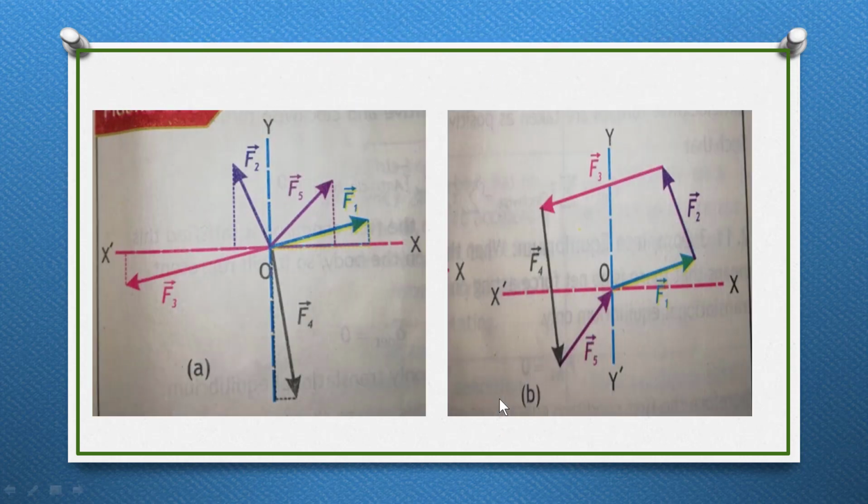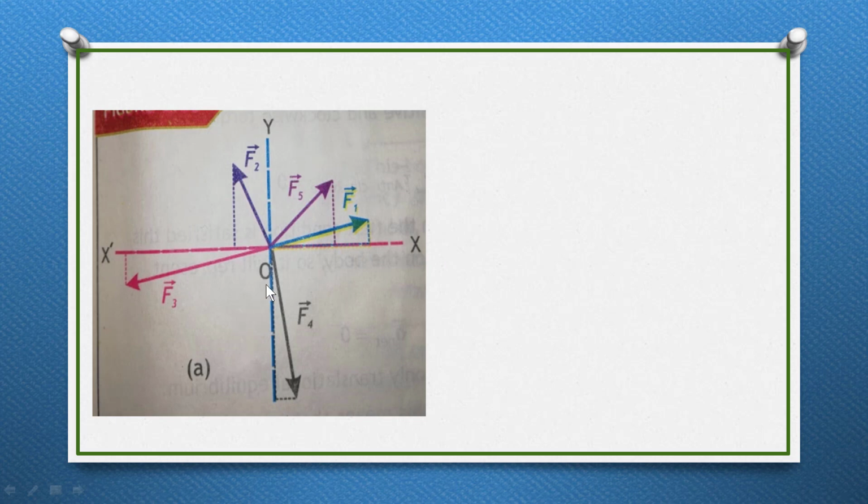You can see over here, if we are having different forces, let's say F1, F2, F3, F4 and F5, 5 forces are acting, let's say, on a single body, okay, and we want to check what their vector sum is.